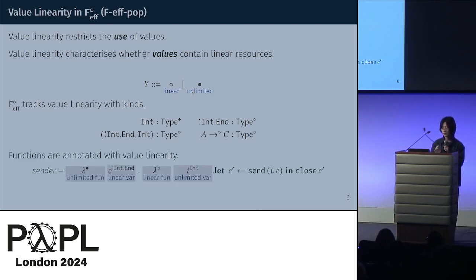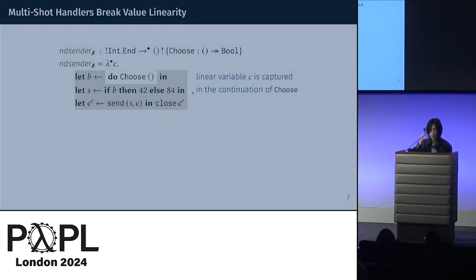And on terms, we also need to annotate lambda abstractions with their linearity. So here, the second lambda abstraction is annotated as a linear function because it captures a linear variable C that is bound outside. And then, well, we have the same problem as in Links because we only track value linearity.